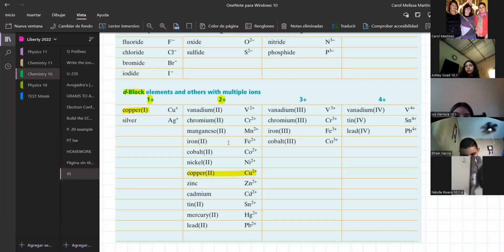But we can say the same thing about some other elements, like chromium, for example. We have chromium +2, we have chromium +3, okay?